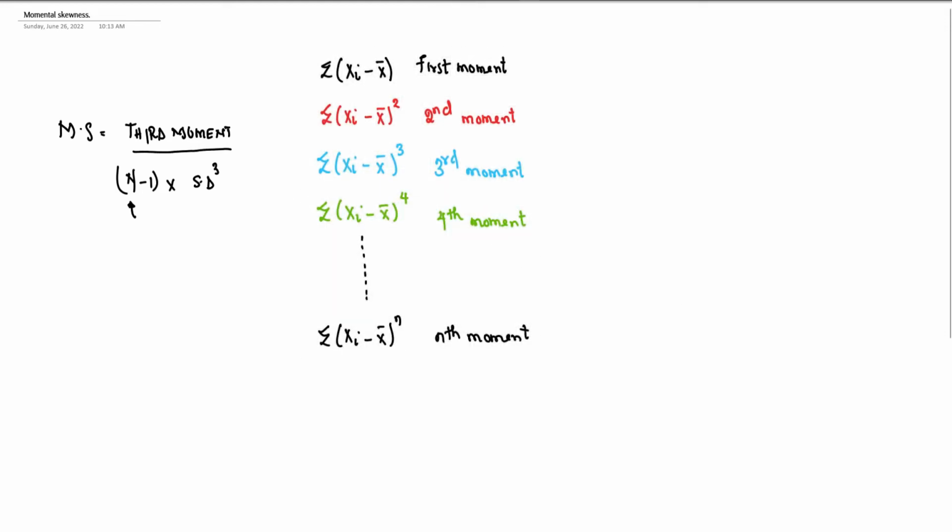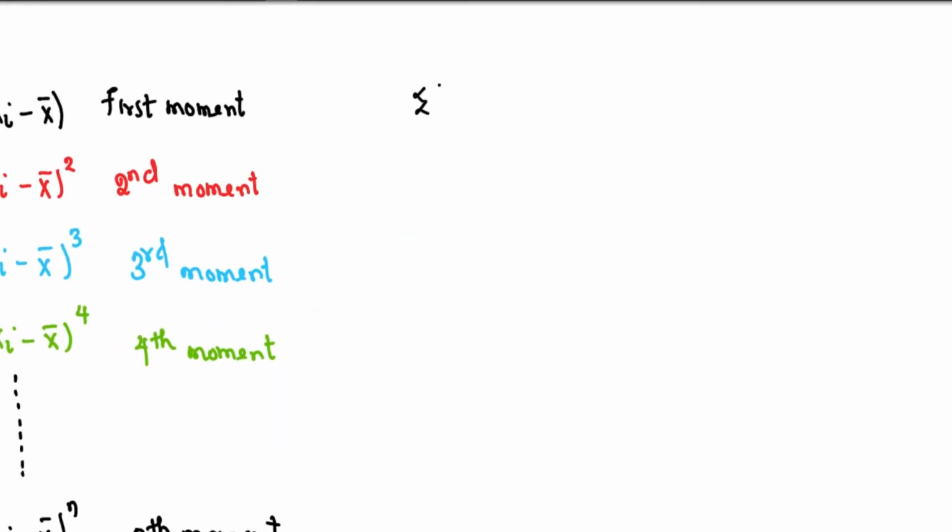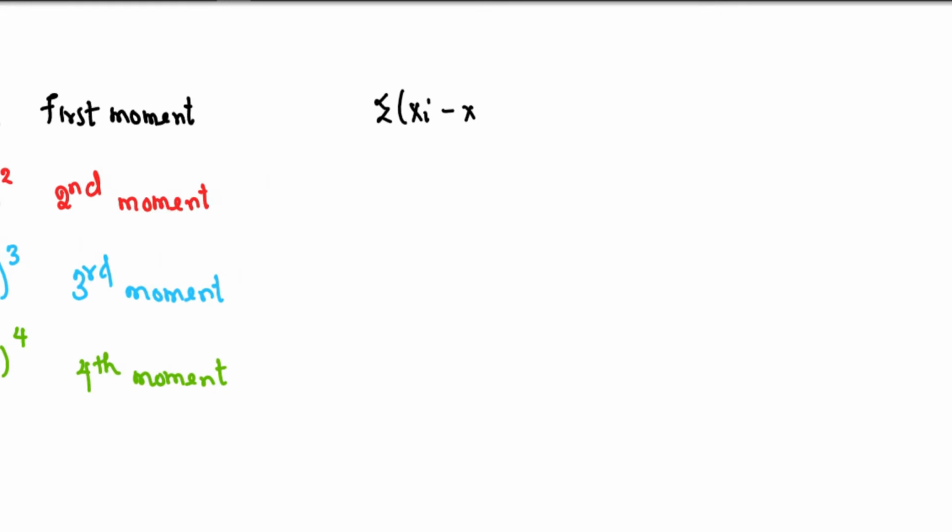So let's assume we have an ungrouped data. The third moment is going to be the summation of (xi minus x bar) all cubed divided by n, where n represents the size of the data set, that is (n minus 1) times the standard deviation all cubed.